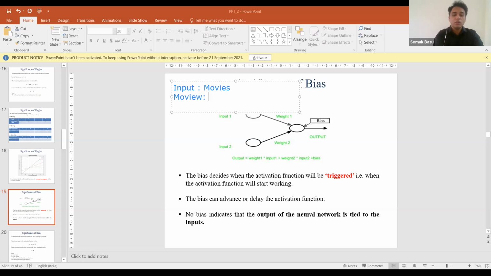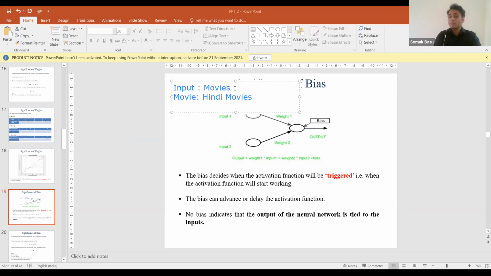They see only Hindi movies. Maybe there is some person who just likes to watch Hindi movies. He or she doesn't like to watch English movies or French movies or something. So you are becoming a little more selective over here.